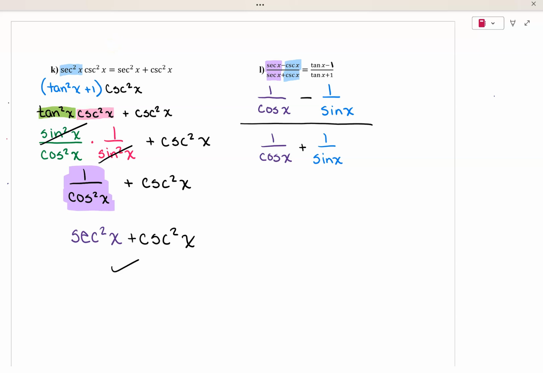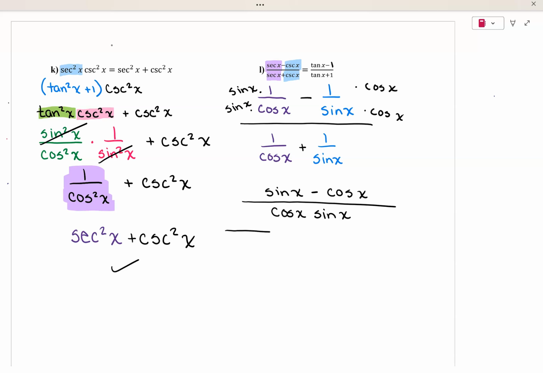Okay, so let's work on that common denominator. So it looks like cosine times sine is going to be our common denominator. So that means this one gets multiplied by sine. So this will be sine of x minus this one gets multiplied by cosine of x.